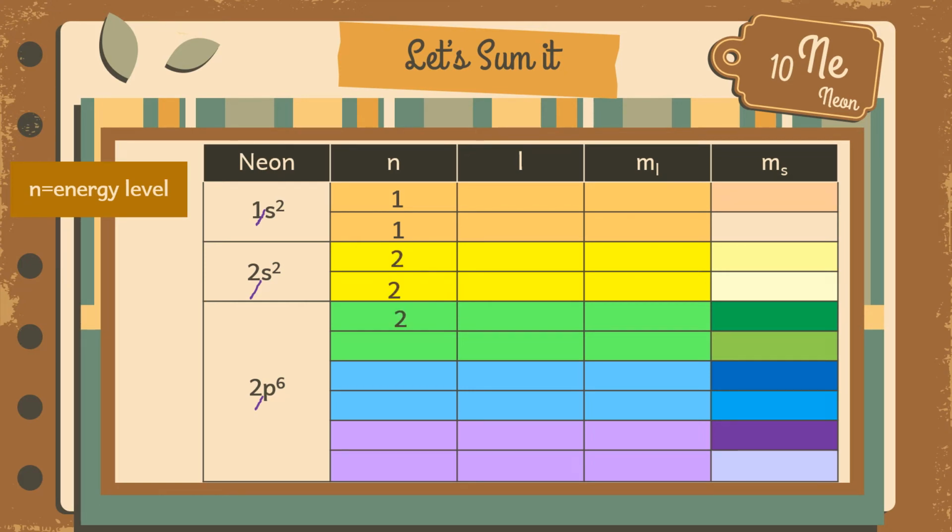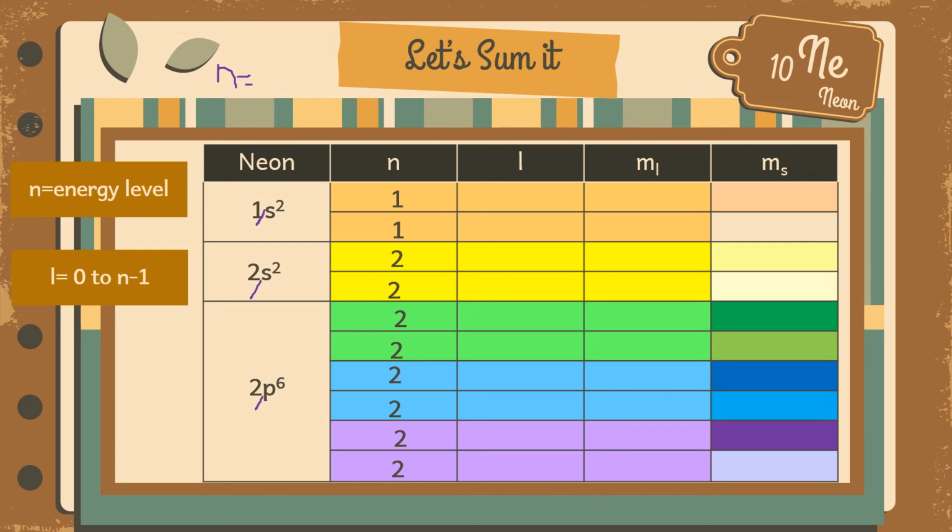On 2p6, we also have principal energy level 2. Next is the angular momentum quantum number that starts with 0 and goes up to n minus 1. So in this case, n is 2.